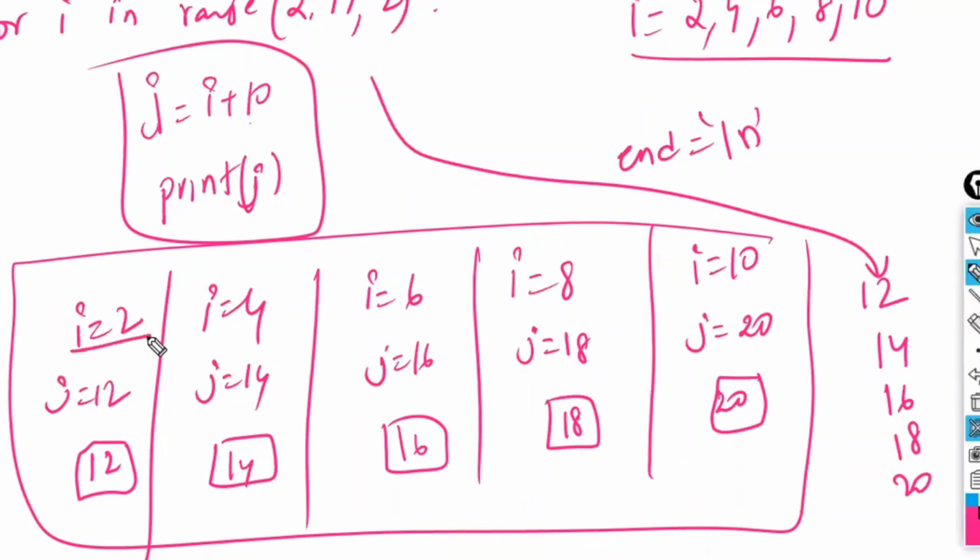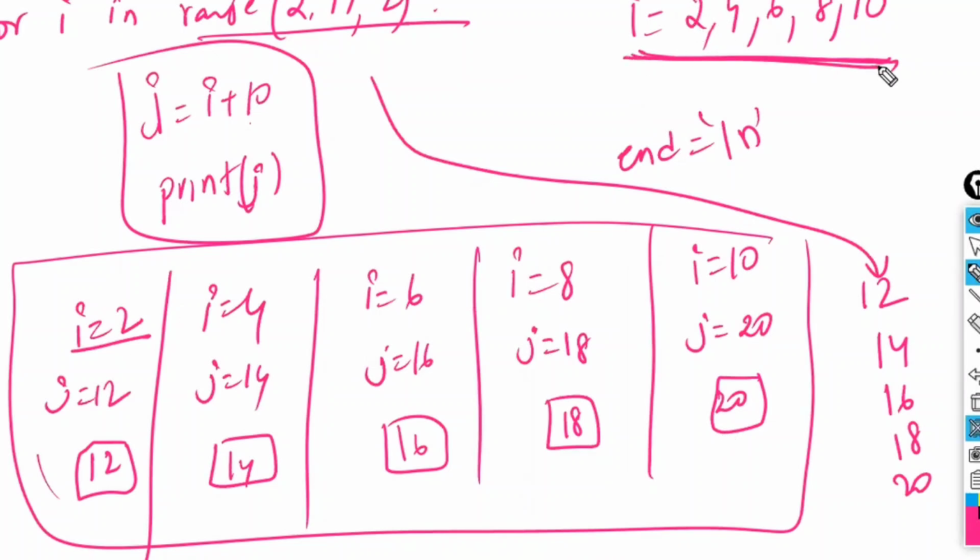First, you have taken the I value, executed the for block. I is equal to 4, executed the for block. I is equal to 6, executed the for block. I is equal to 8. For each I value, you have to execute the for block. These are the only possible I values, because here you have considered only this. For each and every value of I, you are executing the for block. Is that clear?